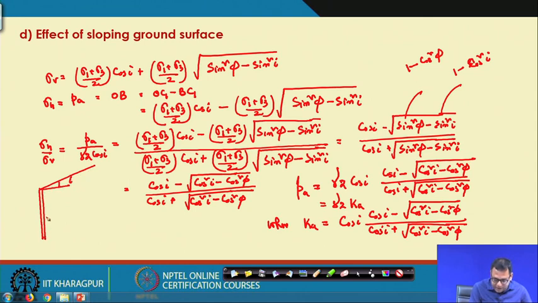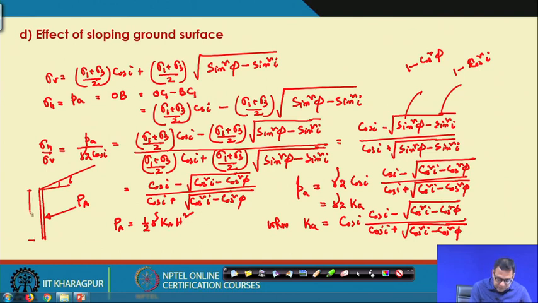So, this will act parallel to the backfill surface. So, this is finally the PA, and the PA will be, again we can write that PA is equal to half into γ into KA into H².